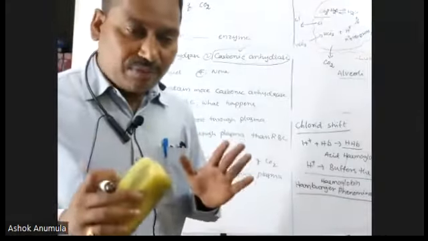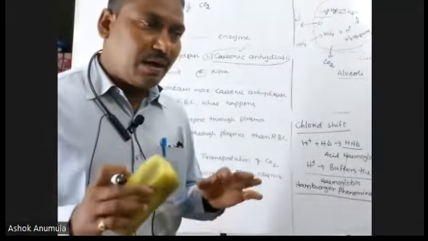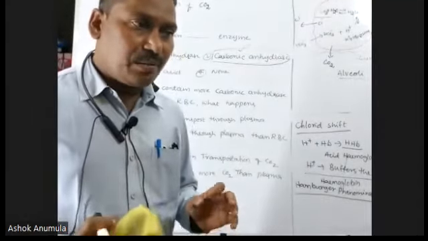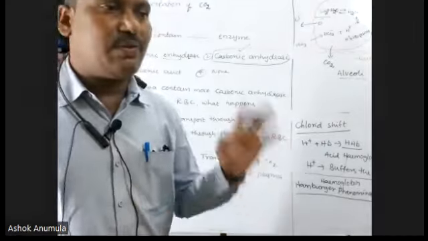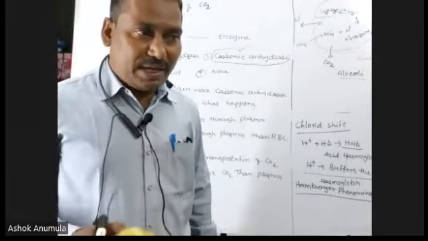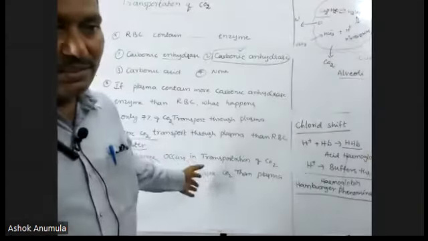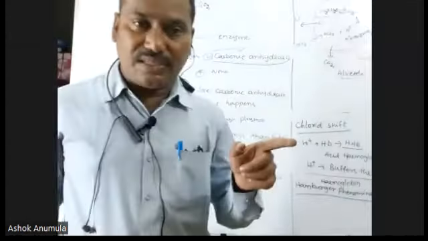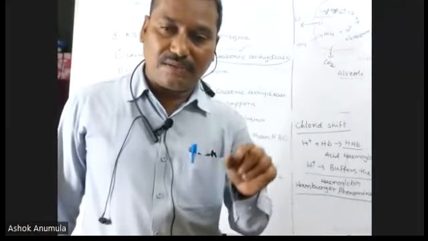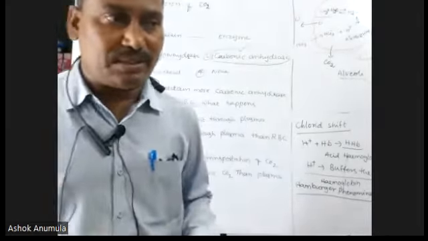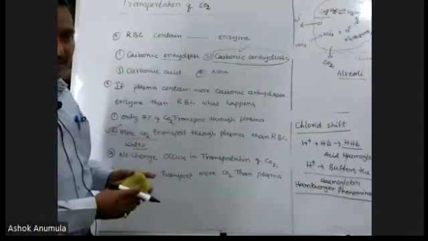One thing you have to remember: if the water contains carbonic anhydrase enzyme, more carbon dioxide combines with water. But actually in the bicarbonate state, in the RBC, 70% of carbon dioxide is transported through this method. Why? Because the RBC contains carbonic anhydrase enzyme.